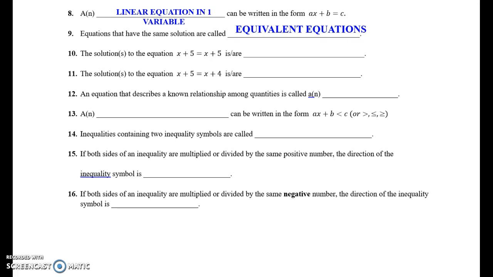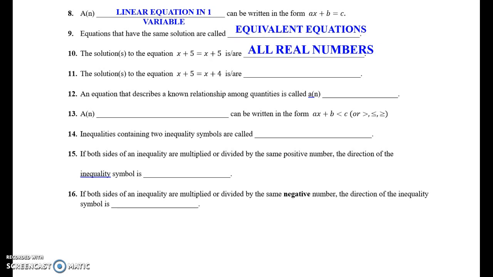If you subtract x from both sides, you get 5 equals 5. Both are true statements. So when this happens, you can use any number for the variable. So the solution is all real numbers. It can be positive, it can be negative, it can be zero, it can be fractions, it can be decimals, all the way out to positive and negative infinity.